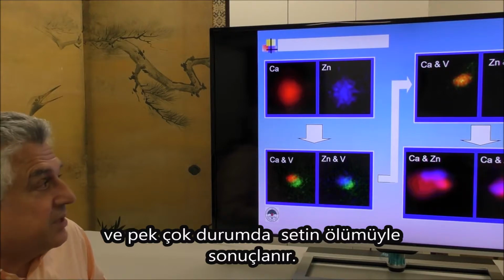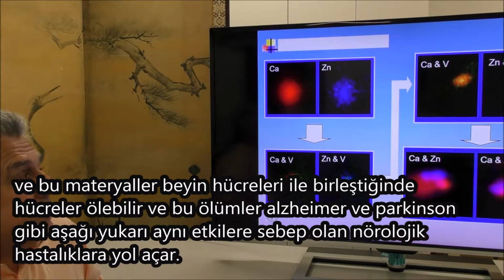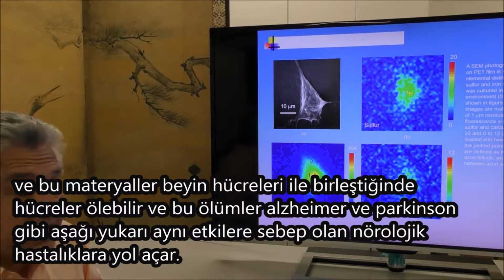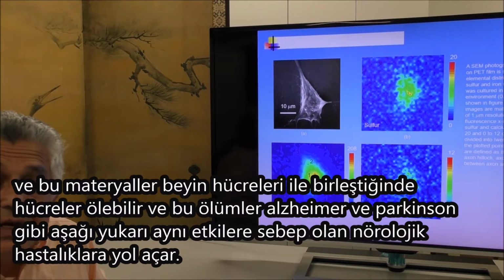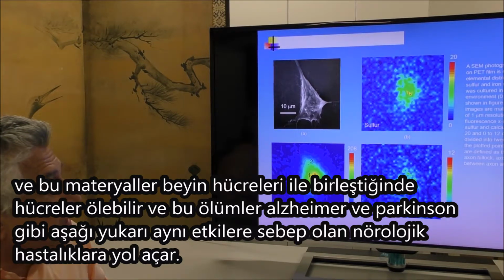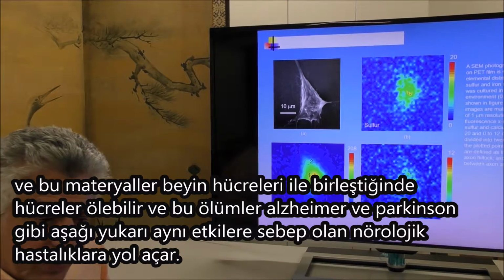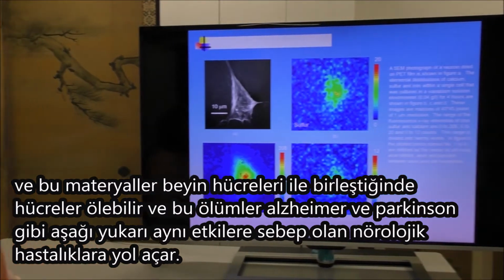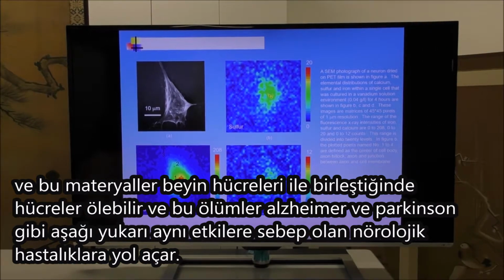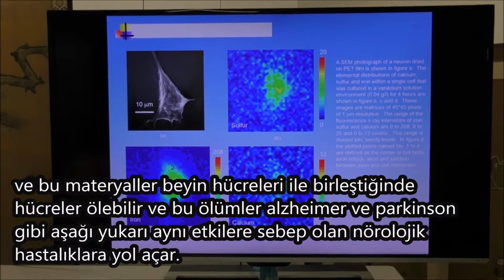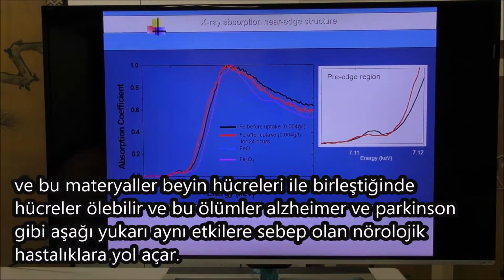We can imagine that if these materials are incorporated into the brain nerves, then the cell dies, or it causes several neuro diseases such as Alzheimer and Parkinson and the other diseases with more or less the same causality, the same effects.